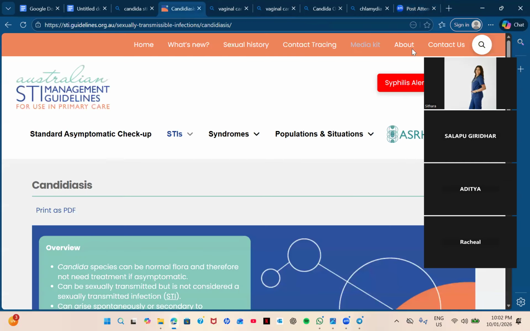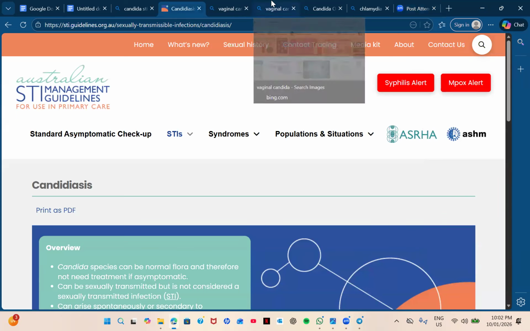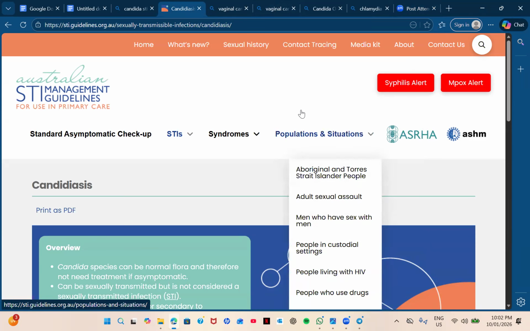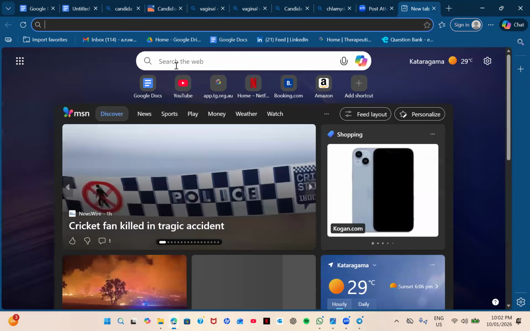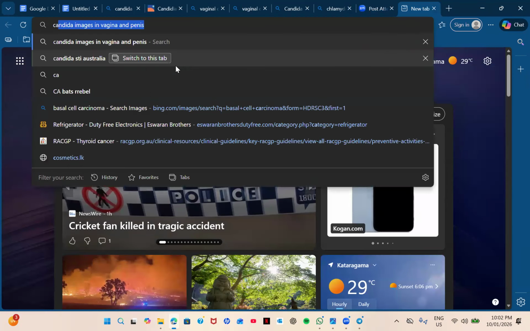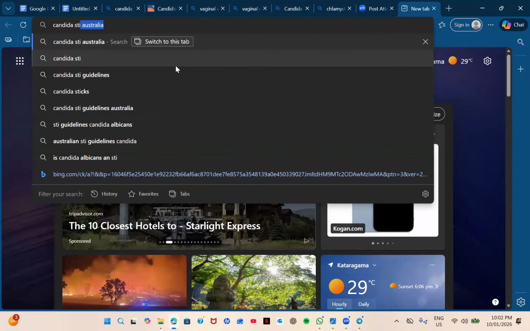First, does everyone know how to find the STI guideline? If someone has no idea, just as an example, type Candida, then STI Australia.